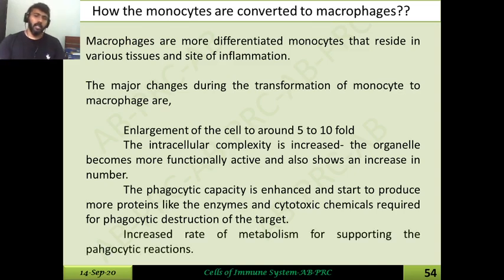Then there will definitely be an increased rate of metabolism, because we know there is a kind of metabolic burst during the phagocytic reaction, as the cell requires more energy and more proteins, and all the activities are in a boosted situation. So these are the different changes that accompany the transformation of monocytes into macrophages, right?